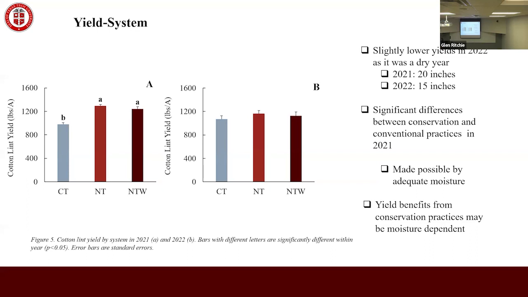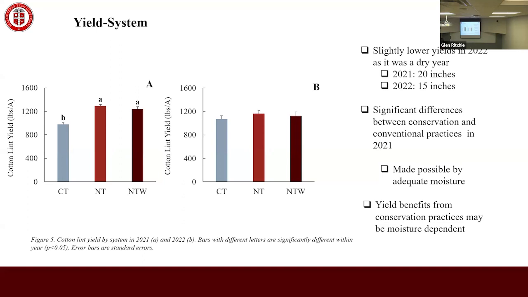But if we do look at 2021, both of our conservation systems had significantly greater cotton lint yield than our conventional system. I think a lot of that has to do with adequate soil moisture. If we get enough rain is when we really see these benefits of conservation systems. They can hold water better if they get significant rainfall in season.